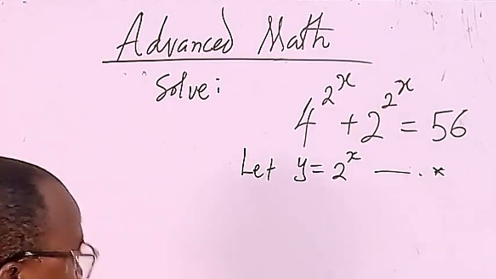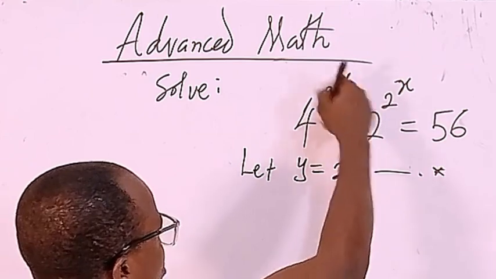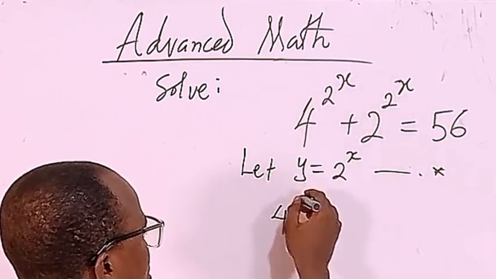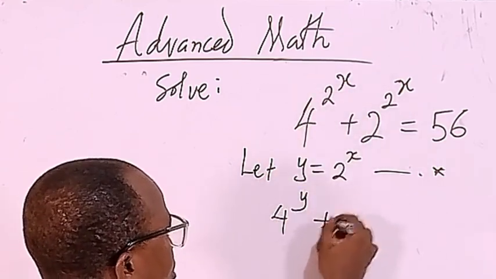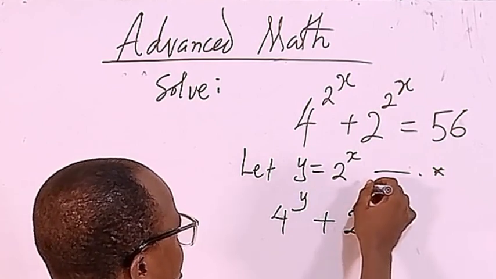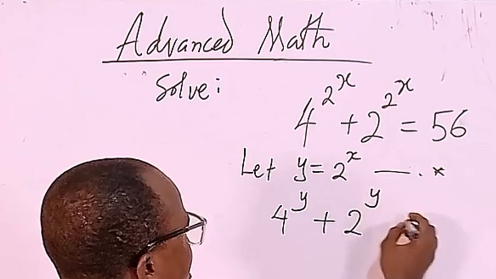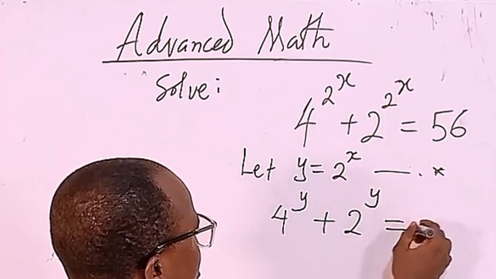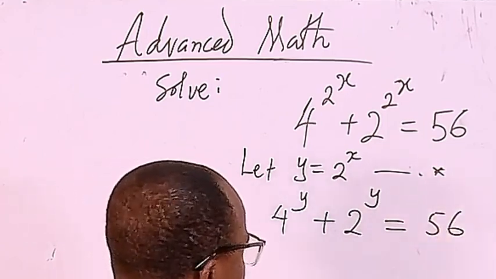Now we continue. We are going to have 4 to the power of y, plus 2 to the power of y, equals 56.